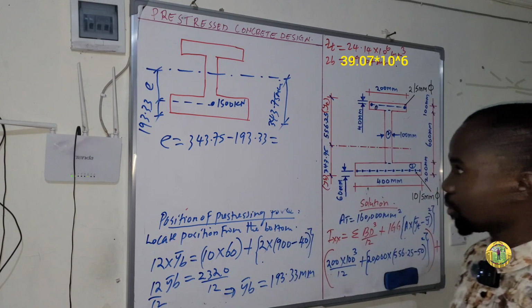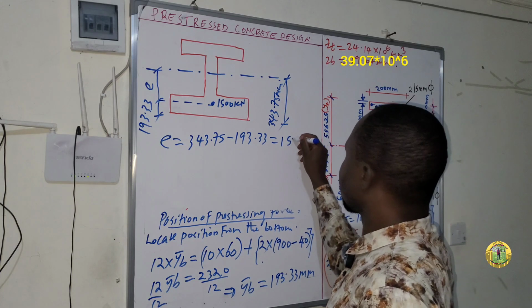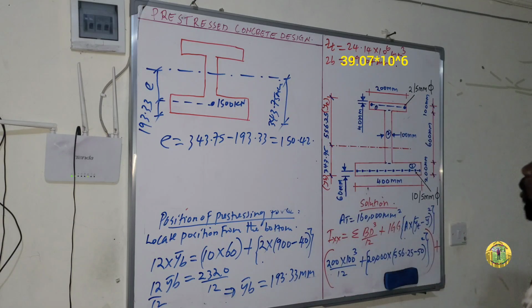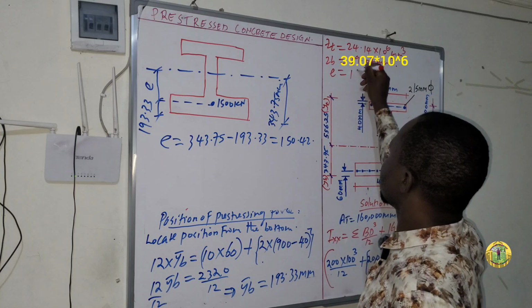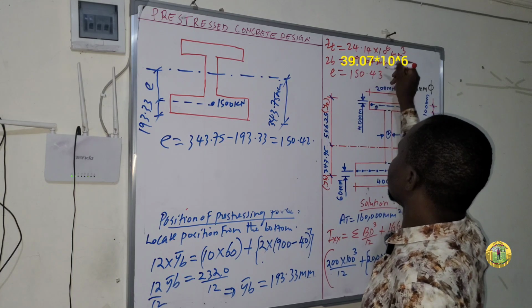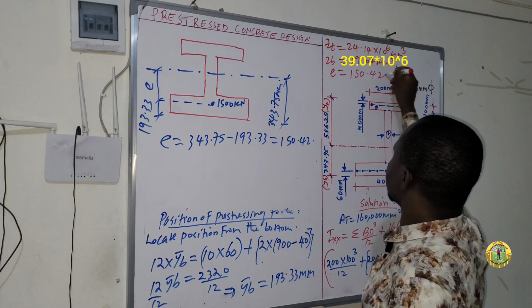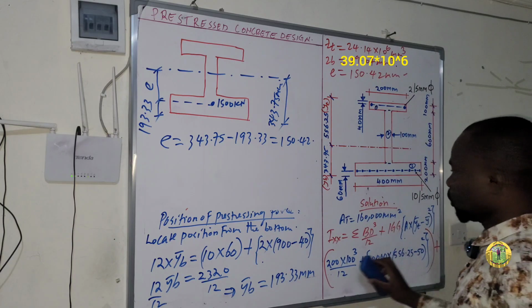So E is 150.42. Let's keep this information. So E is equal to 150.42 millimeter. So I want to clean here.